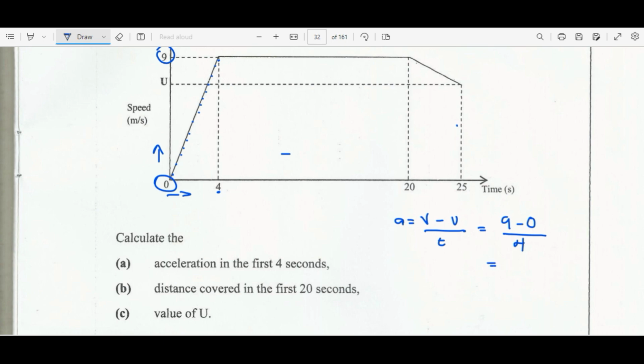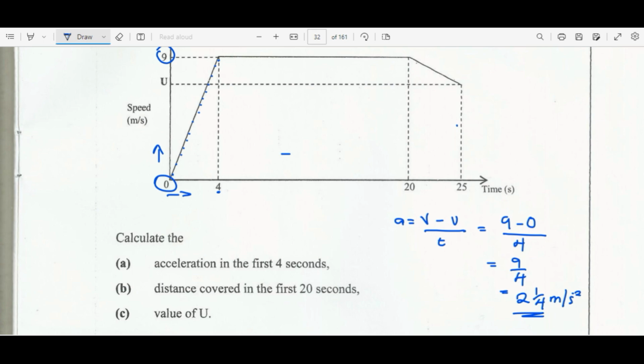So we can say 9 over 4. What are we going to have if we have 9 over 4? 4 into 9 is 2, remainder 1, so 2 and 1 over 4. That is our answer. And don't forget to put the units, because acceleration is meters per what? Per second squared. So that is the acceleration there.